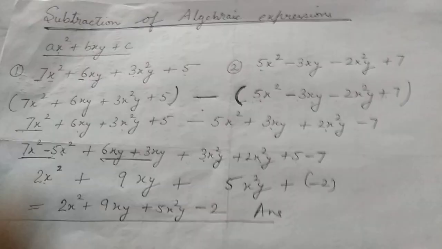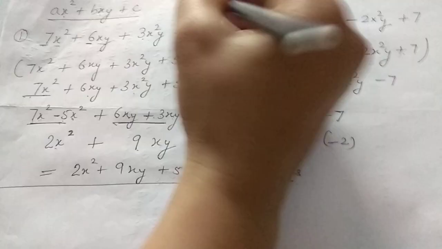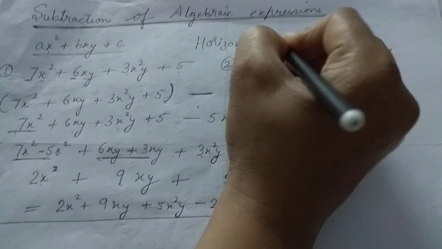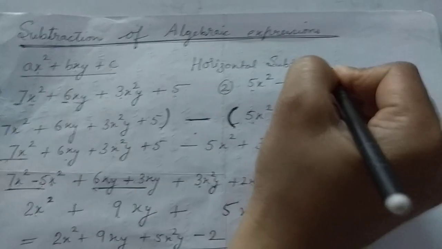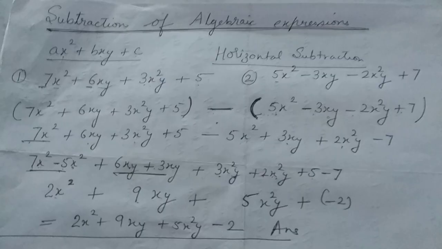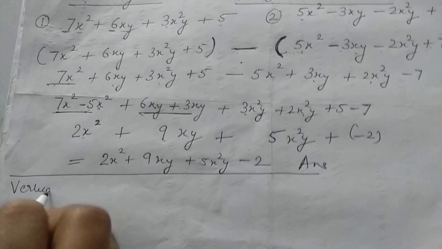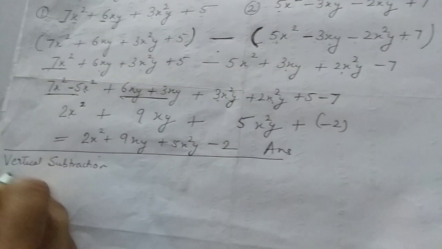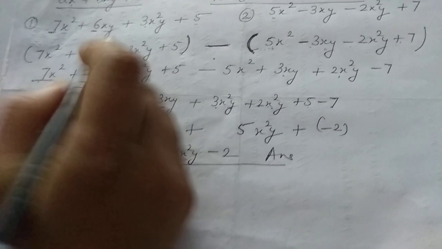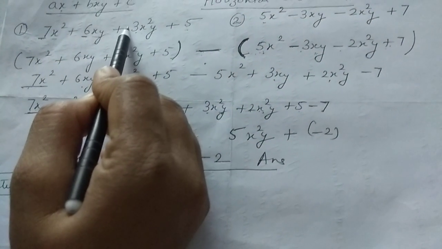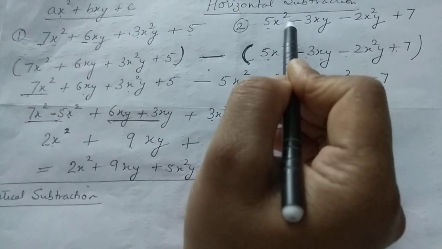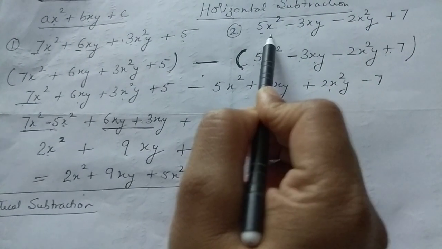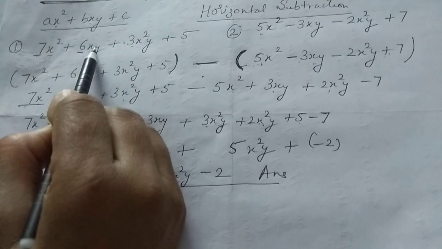If we are doing the same question by vertical method, this was horizontal subtraction. Now we will do vertical subtraction. Now, when you are doing vertical subtraction, you have to just write both the expressions. The question is subtract the second algebraic expression from the first algebraic expression.